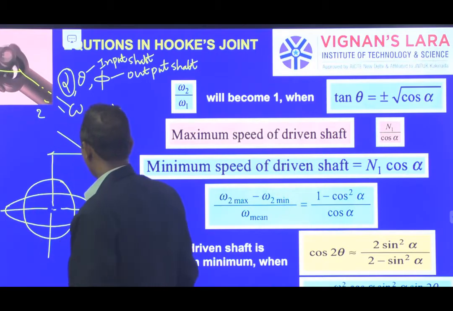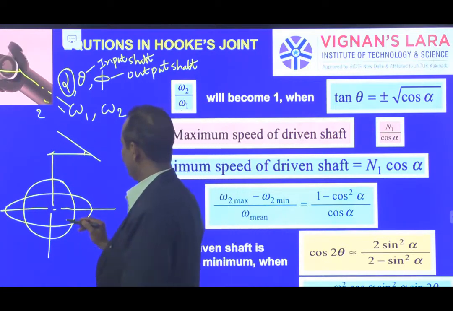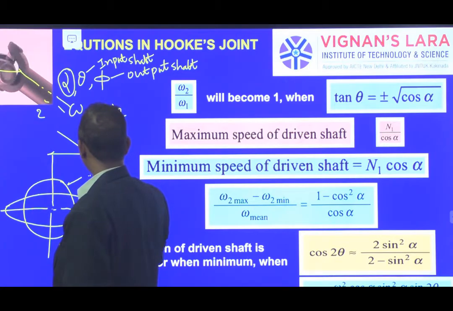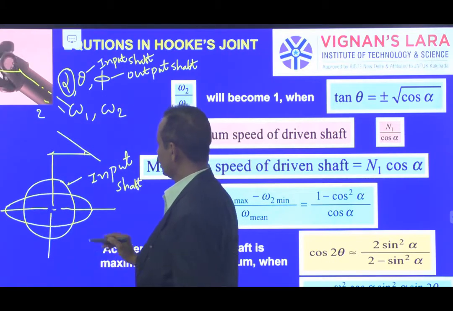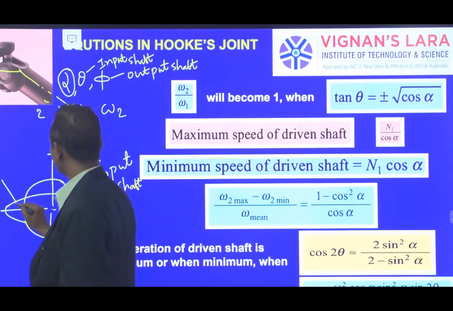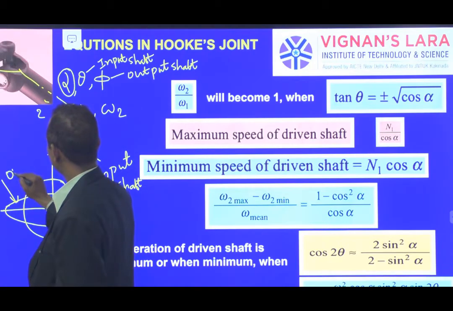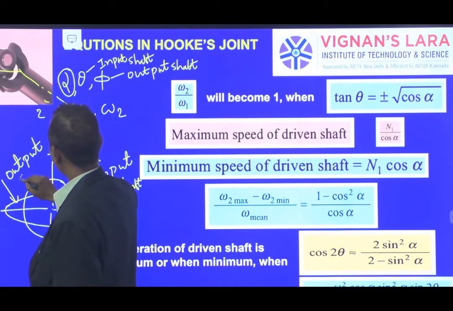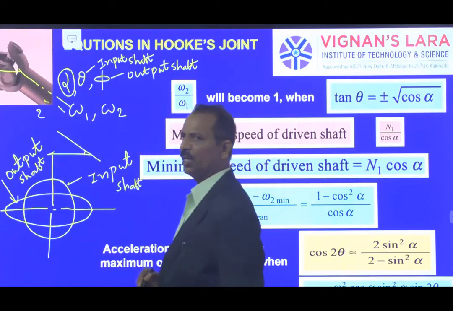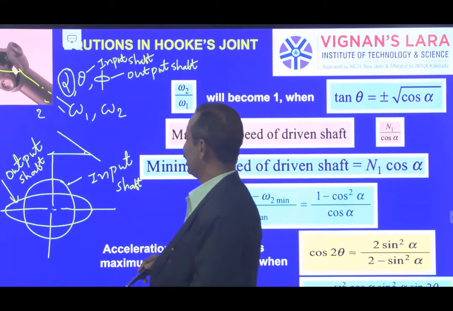So we have drawn this diagram where this is the input shaft and this is the output shaft speed variation within one cycle.